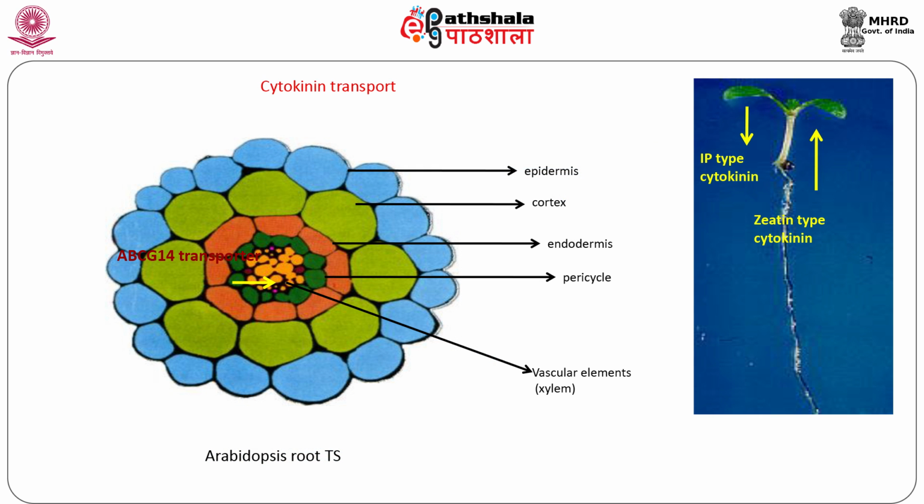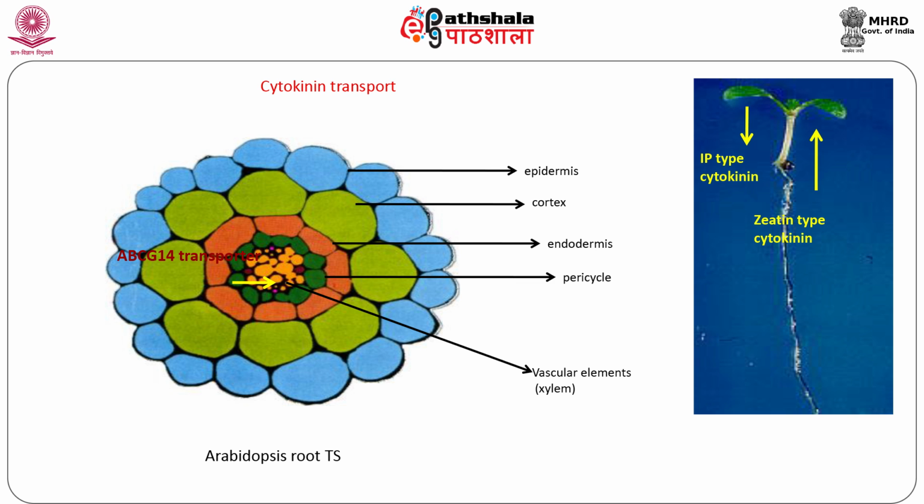Let's talk about cytokinin transport. Cytokinins may be active at their sites of synthesis or may be transported over long distances as glucosides. Zeatin type cytokinins are known to be transported through the xylem from roots to shoots. The transporters for cytokinins present in the roots belong to the ATP binding cassette or ABC family of transporters.